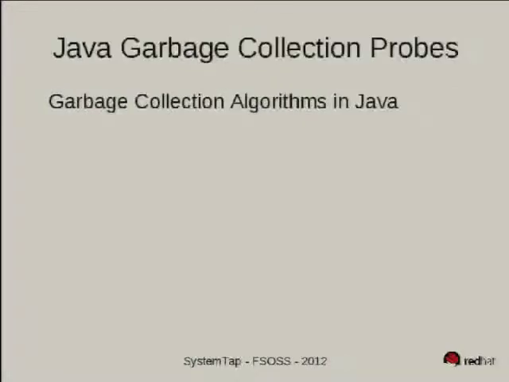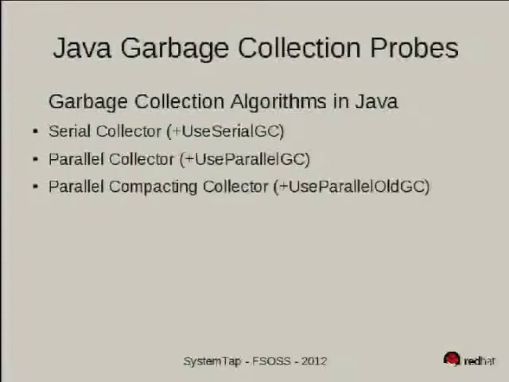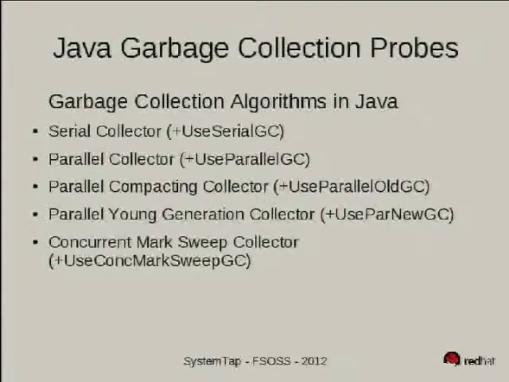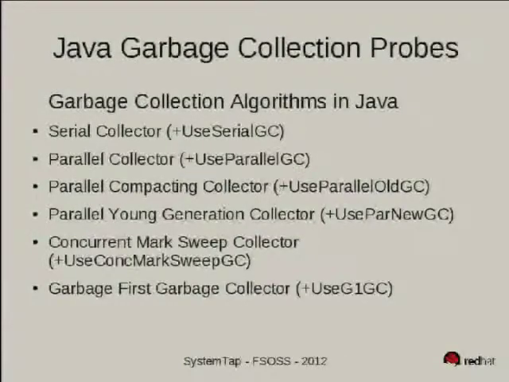In order to use automated garbage collection, a series of algorithms has been developed over the years. They vary depending on the purpose and the situation you want to use them in. A couple of examples are the serial collector, the parallel collector, the parallel compacting collector, the parallel young generation collector, the concurrent mark sweep collector, and the latest and greatest, the Garbage First garbage collector.